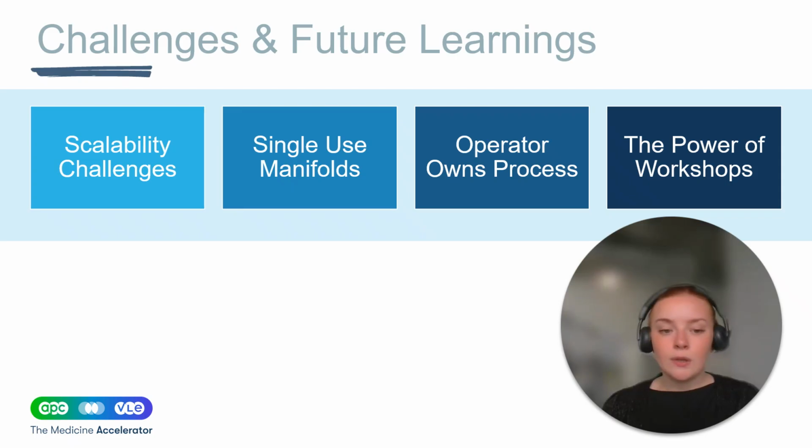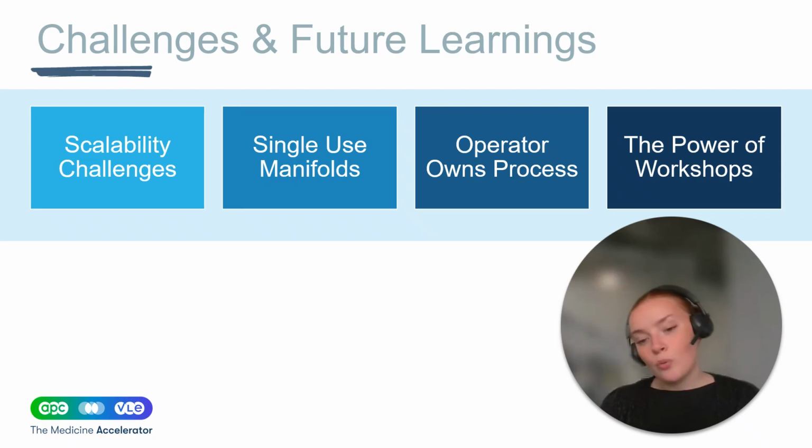And then also looking at single-use manifolds. Single-use manifolds and single-use technology have been around for a while now, but still aren't very well understood in industry as a whole. As I said before, APC and VLE are complete single-use facilities in terms of our large molecule capabilities.